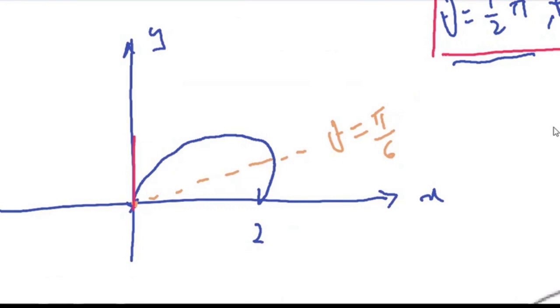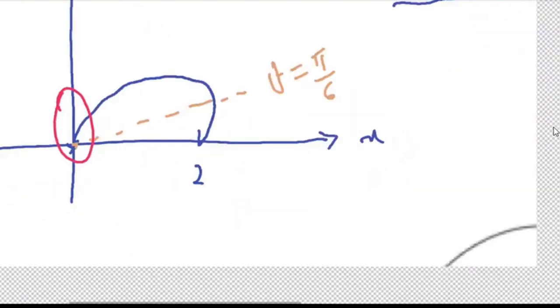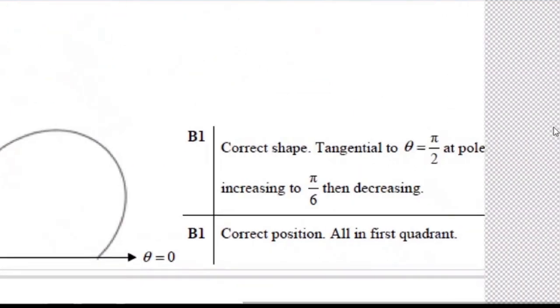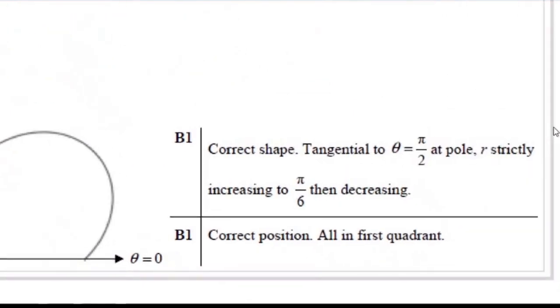That's something we have to pay attention to because it is considered in the mark scheme. You can see the allocation of the marks there. The first B1 here consists of a lot of criteria that we need to fulfill, then only we can get this mark.